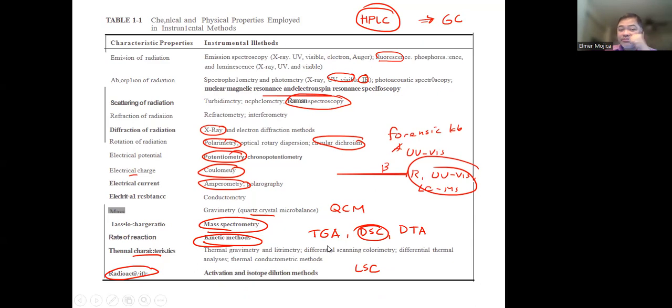So these are just some methods, and we're going to learn some of them, at least the basic principles. I'll try to see if I can show you some of the videos that we have in the lab. I have two laboratories here, one where I'm in charge and the other where I am one of the assistants. The one where I am the assistant has a high-end laboratory.